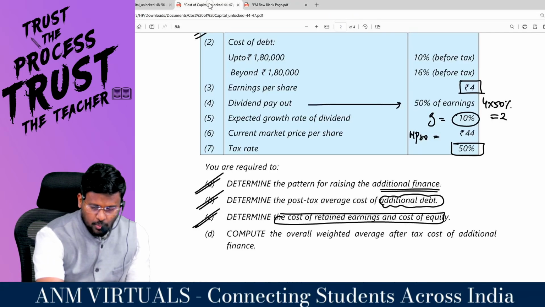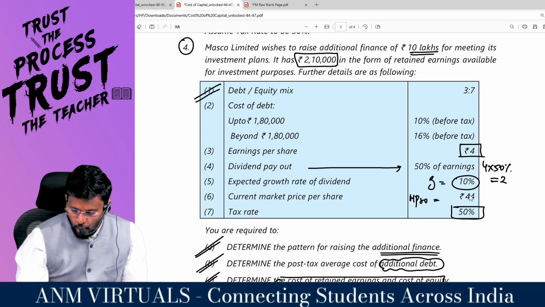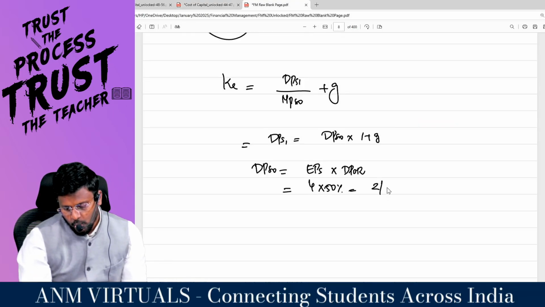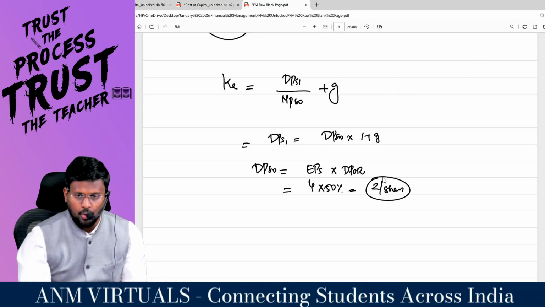They have given the EPS as 4 rupees and the dividend payout ratio as 50%. So 4 into 50% comes to 2 per share, which is the DPS 0.